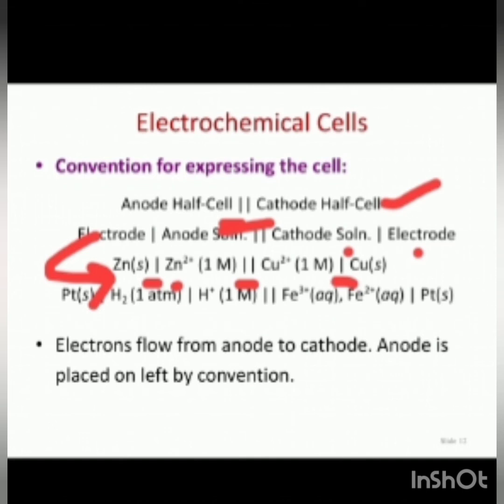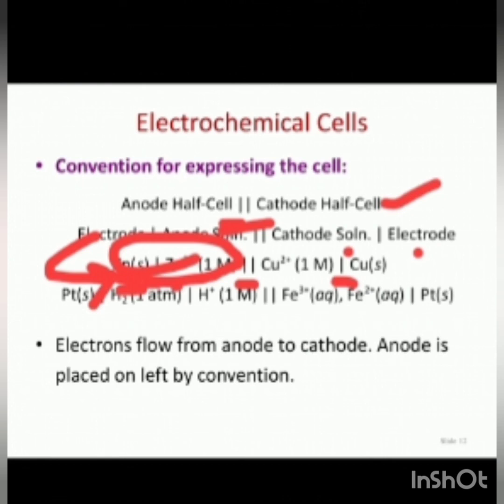Left hand side is anode and right hand side is cathode. On the left hand side is the zinc electrode, so first we write zinc strip as solid, then a vertical line. After that, the zinc strip is placed in zinc sulfate solution, so after the first vertical line we write Zn2+. This is the anodic half cell reaction.